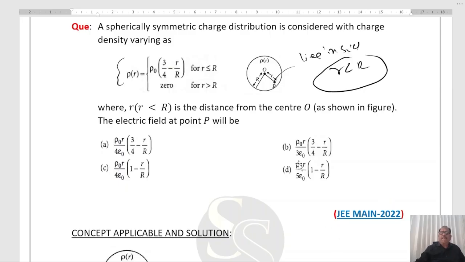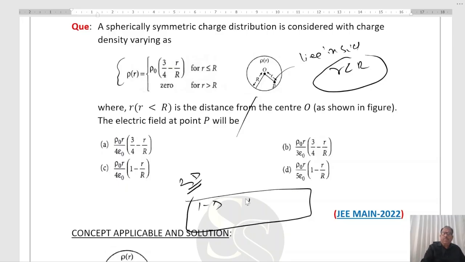Now, the sphere is a three-dimensional object. We know the concept applicable for 1D is lambda dl, for 2D sigma ds, and for 3D rho dV. These are the standard ones. First of all, identify this.